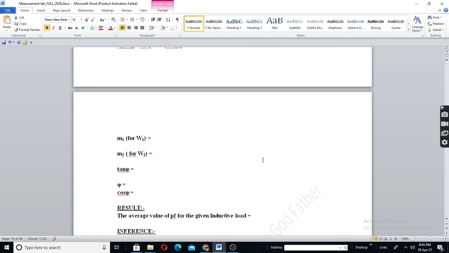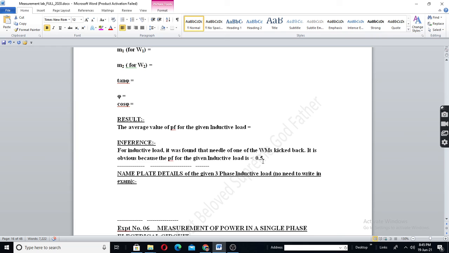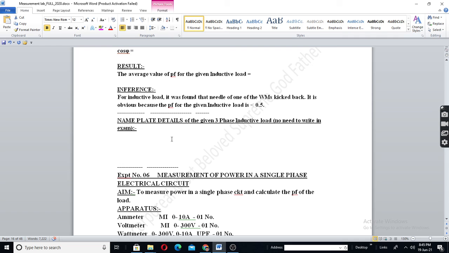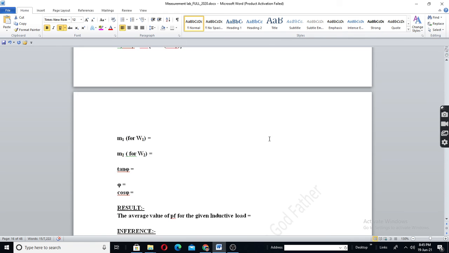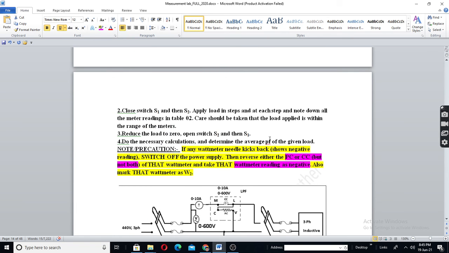That is how the experiment is done. Better if you write nameplate details of the inductive load in your record and observation book. No need to write in examination. Fine.